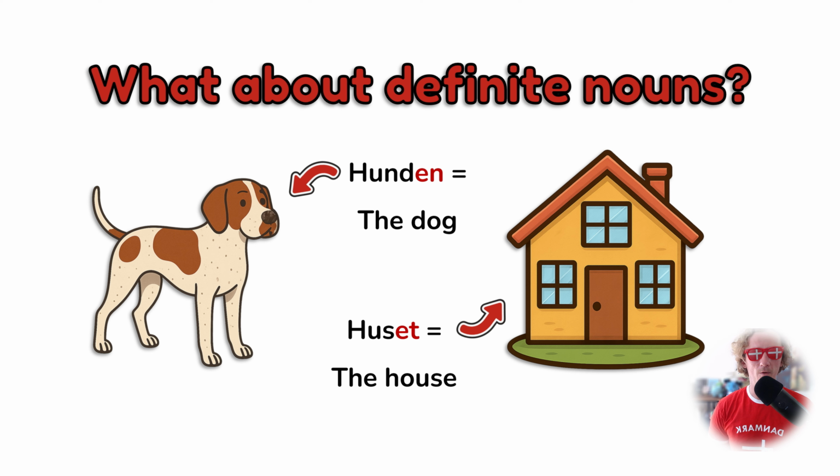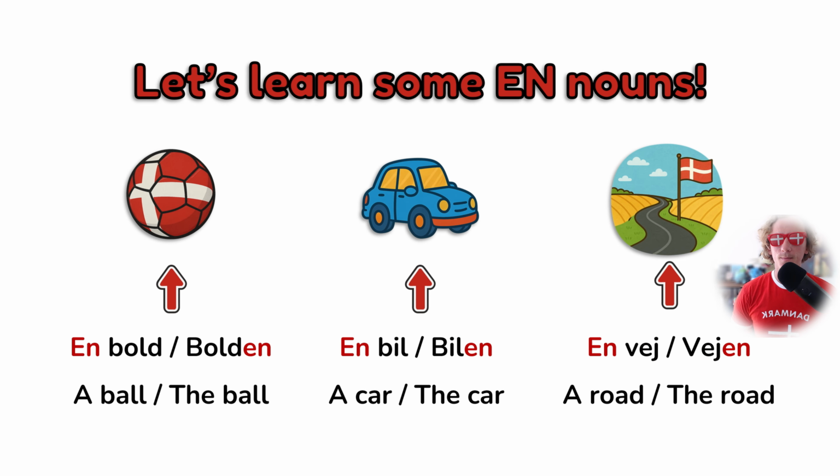Let's take a look at some vocabulary. Because, as you know, more vocabulary, better language, more to say. This is the way to go. Let's take a look. So let's take first a look at some en nouns. What I'll do, I will repeat the Danish word, first indefinite and then definite, and then I'll give you a few seconds to repeat after me.